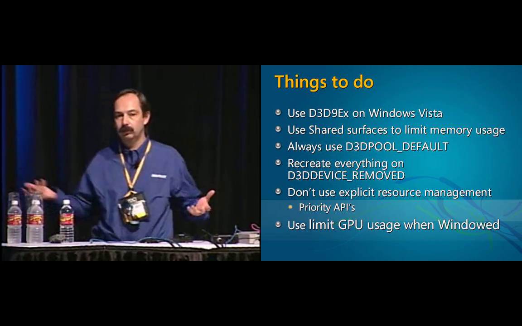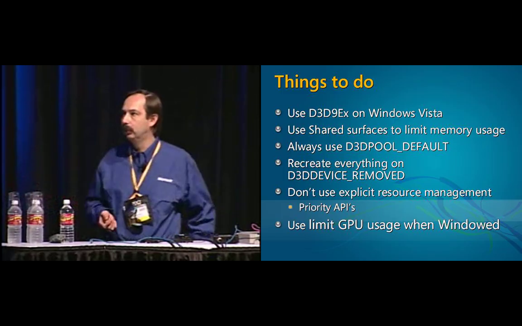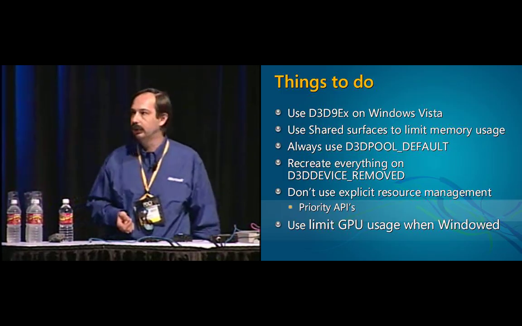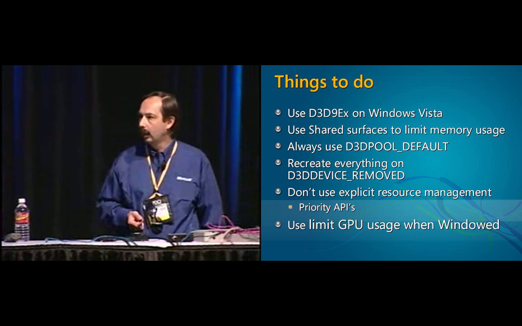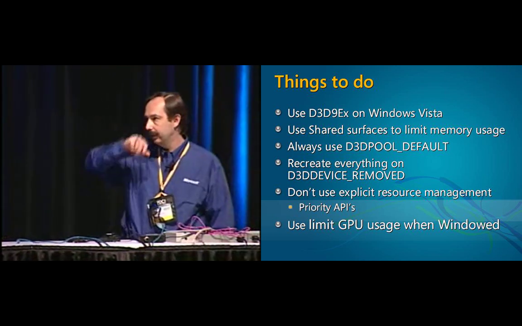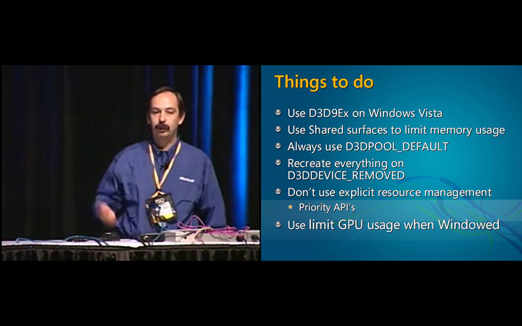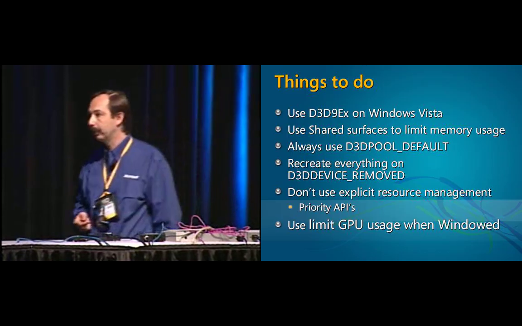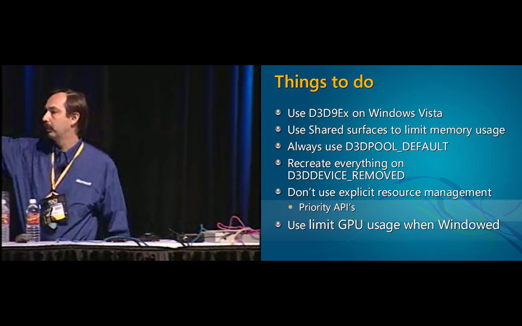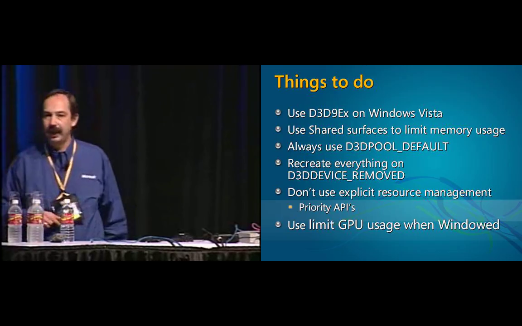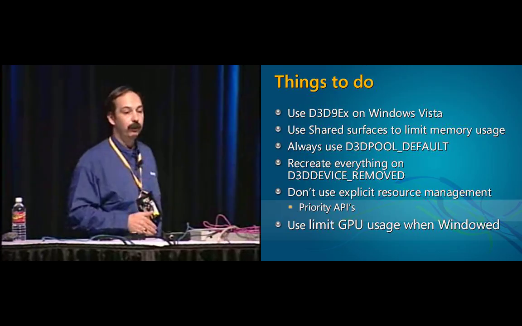Well, there's no reason for it because those pool default ones never disappear anymore. You don't lose them. Watch for device removed messages and do the appropriate thing if you're a long-running app. And don't use explicit resource management APIs if your scenario doesn't actually warrant it.